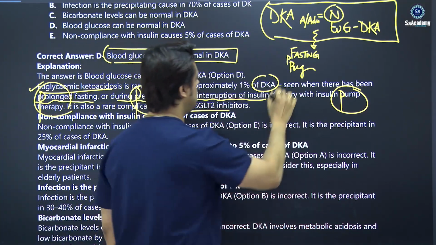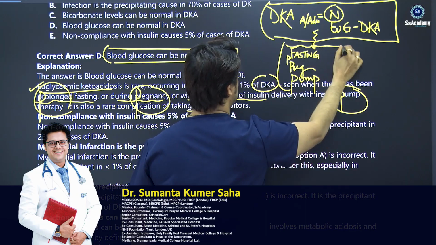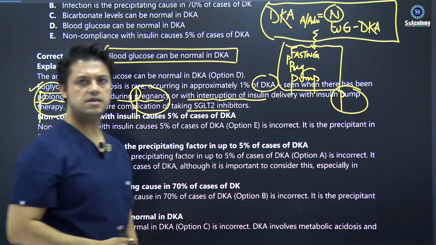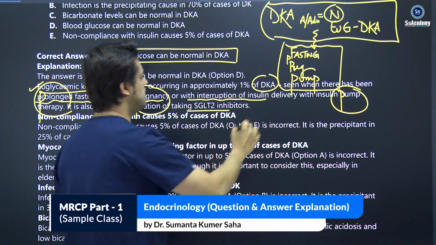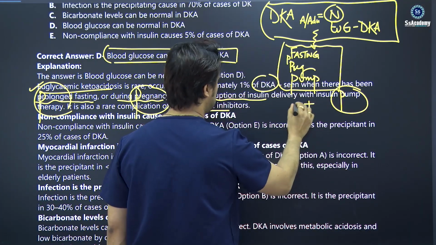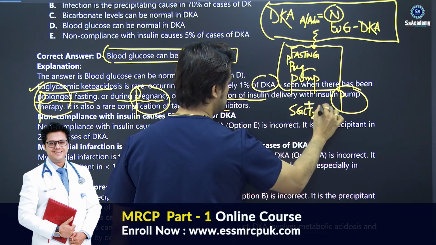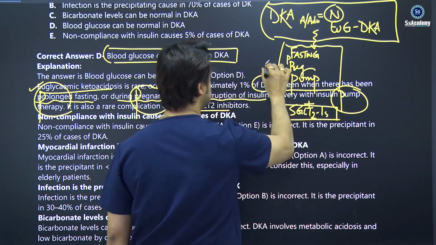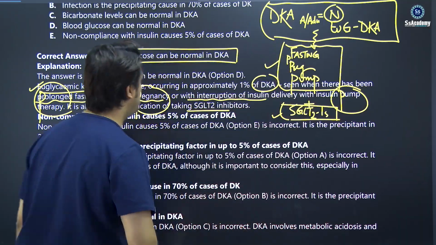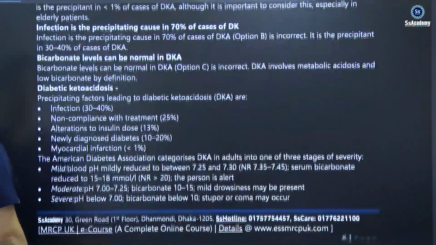Write down the pump so that you can remember, make a box, my dear. So prolonged fasting, pregnancy, and the pump, the delivery of the pump, and definitely SGLT type 2 inhibitors also can cause it. Just remember.